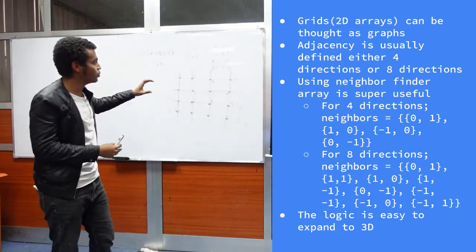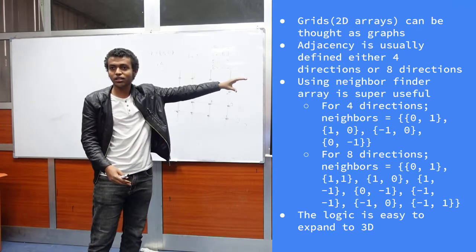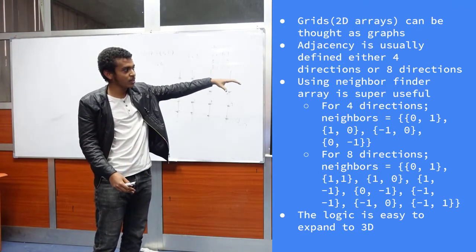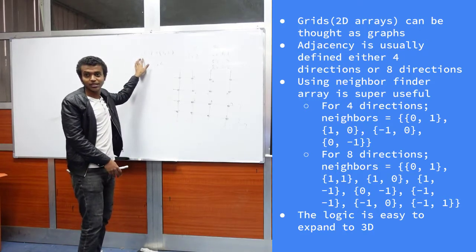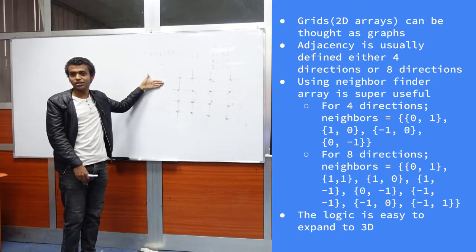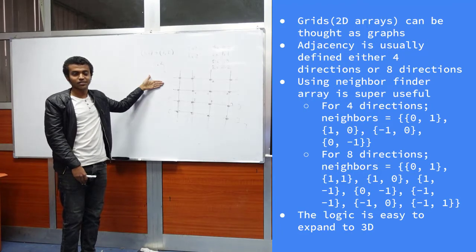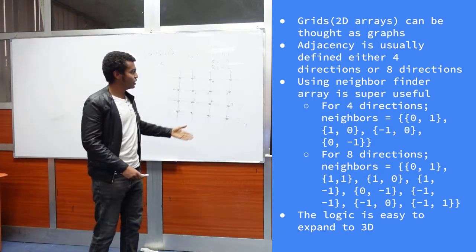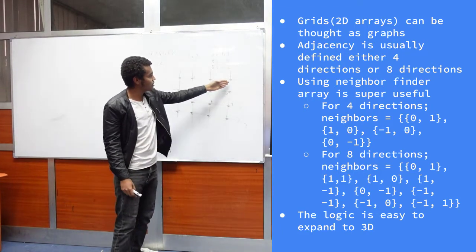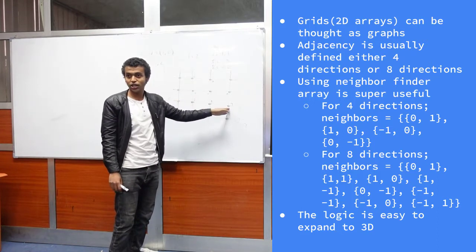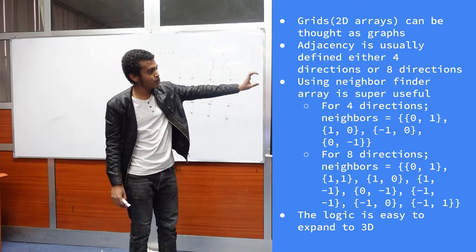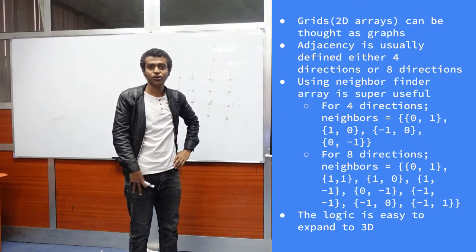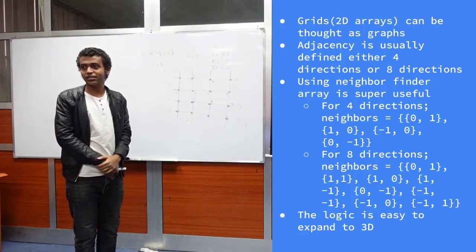So you iterate over this direction vector, make changes to the original vertex, and then you find all of your neighbors. Is that clear? If I say these additional 4 values are its neighbors too, you just add some more vectors into your direction array and then iterate over that.